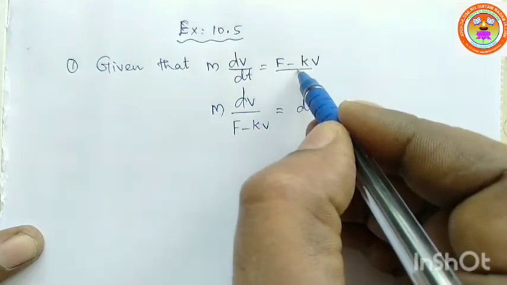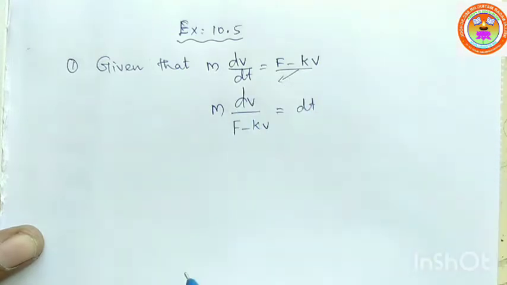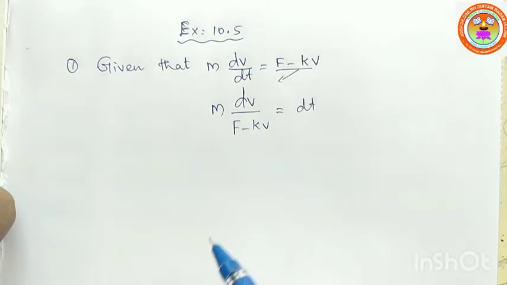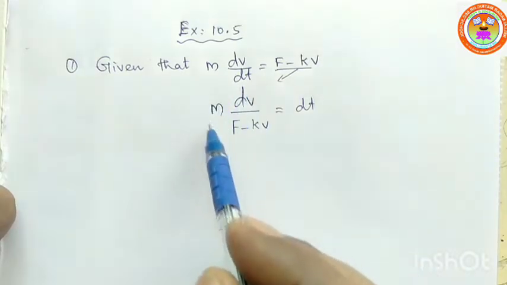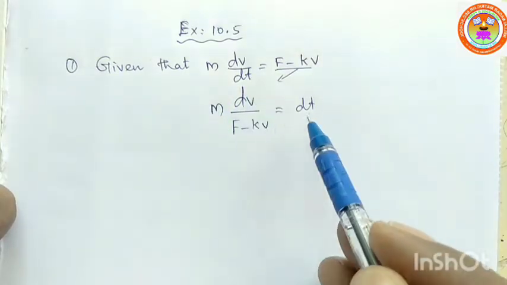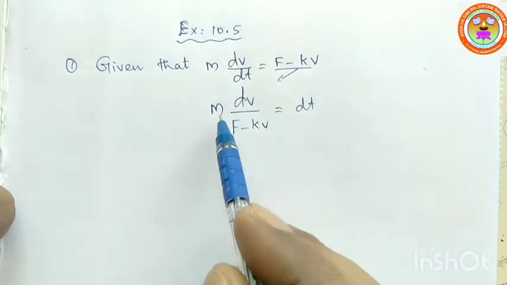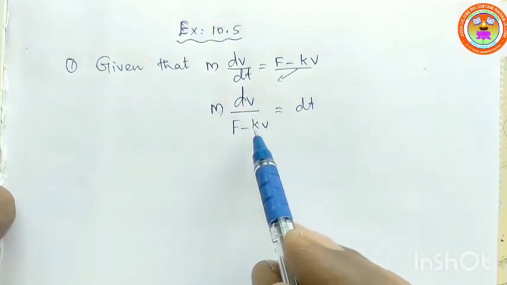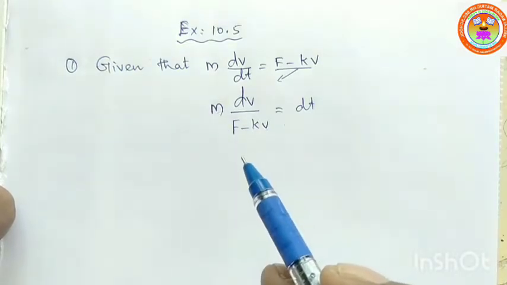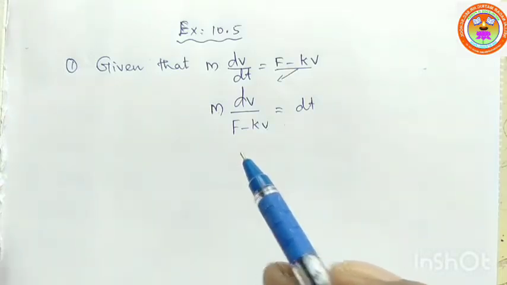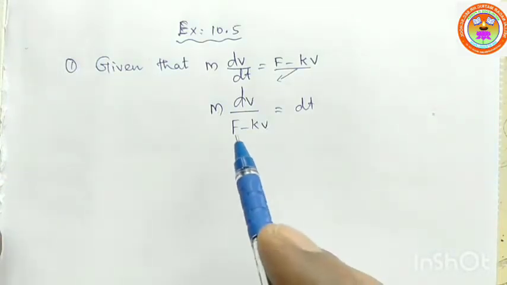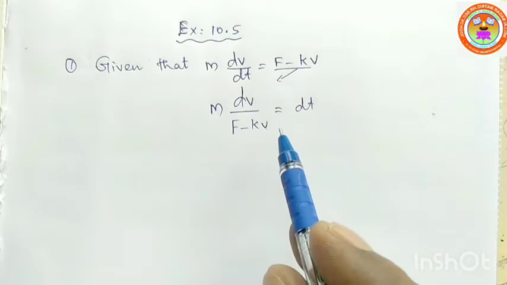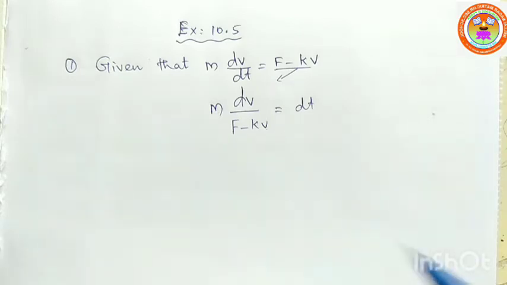We have just brought this term to the denominator. Now look at the terms: this side has the v term, here dt. Here m, F and k are all constants. After separating the variables, we have to integrate.